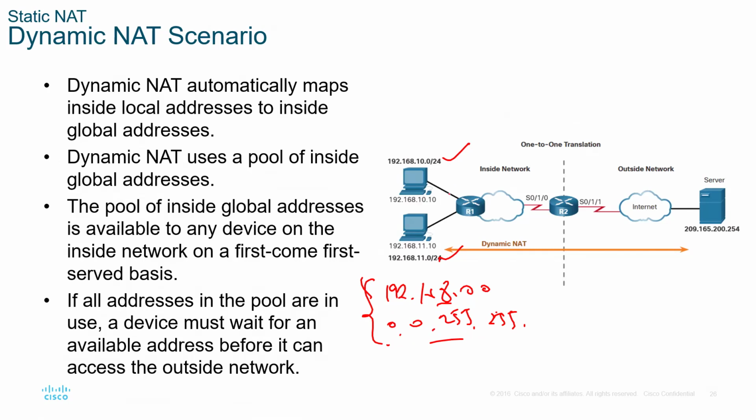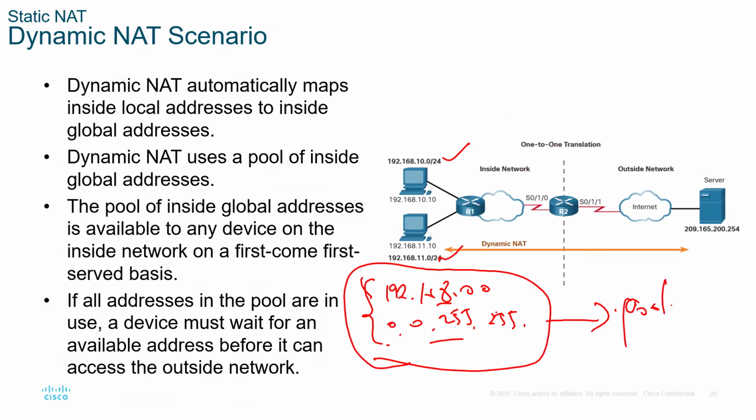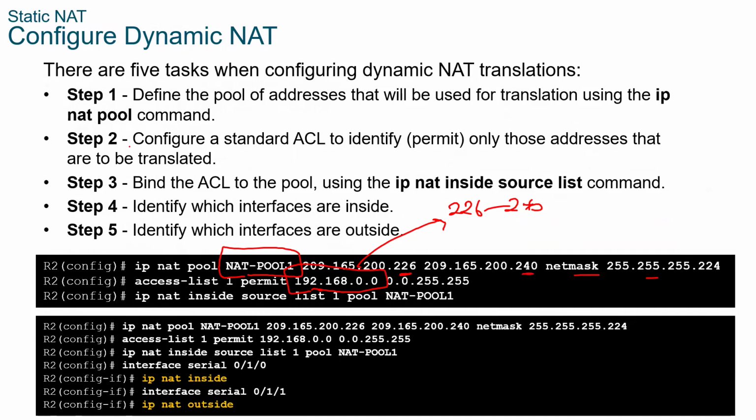Now, with the commands, what we are saying is permit these addresses to be translated using addresses from the pool. That is what we are saying with command number one and number two. Then command number three binds the traffic that we are permitting to be translated with our pool.